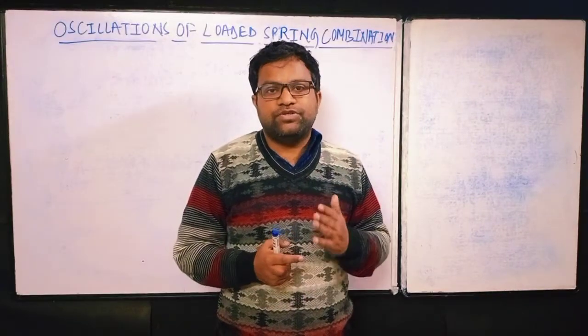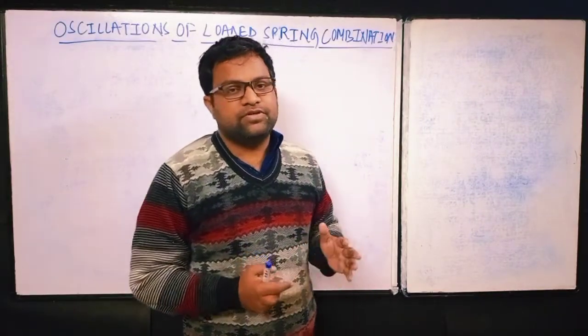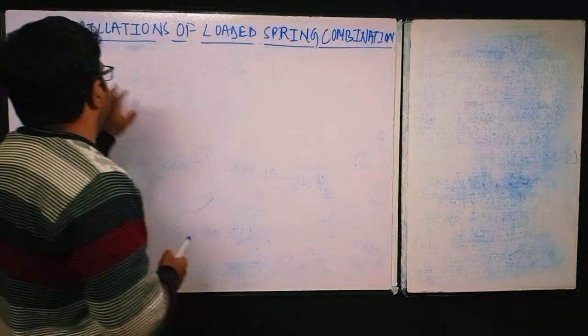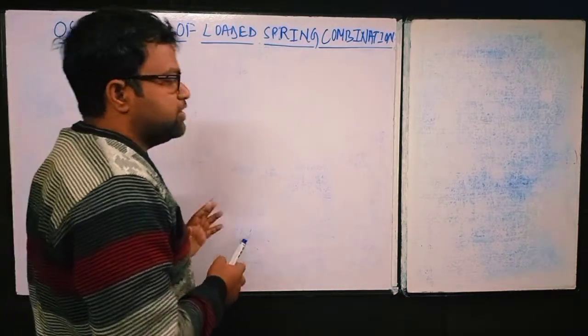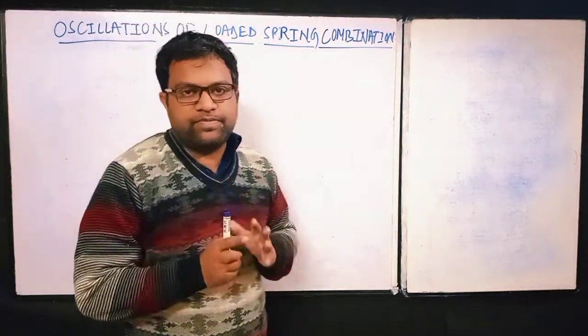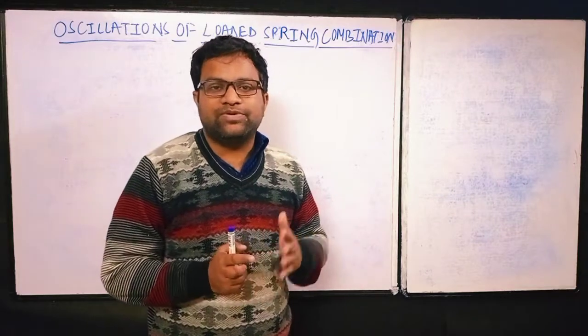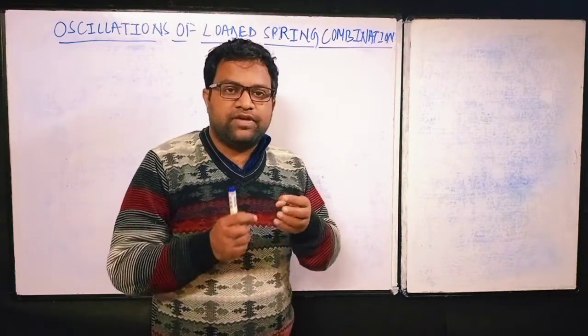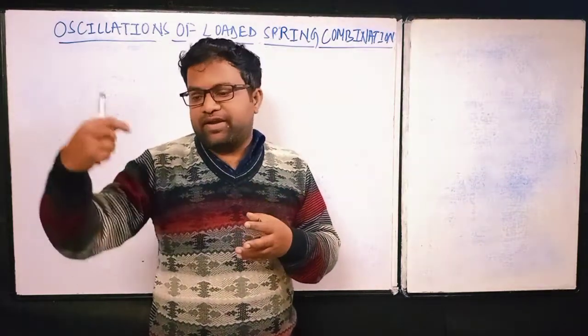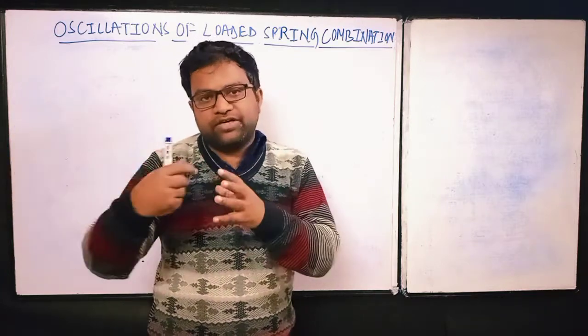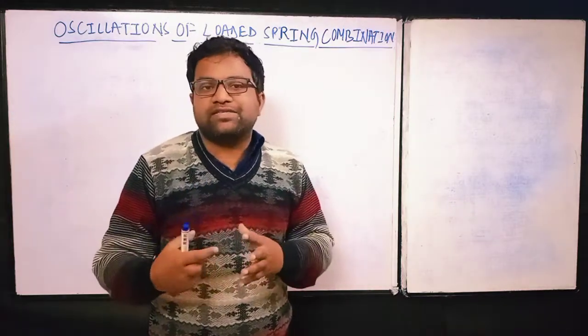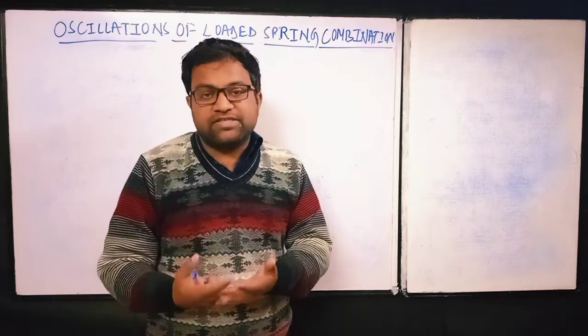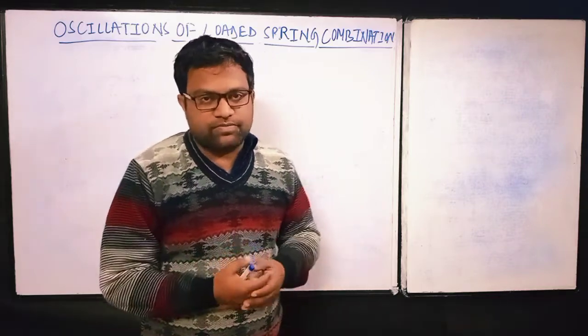In this video today, I'll discuss the oscillations of loaded spring combinations. First, briefly, I'll discuss that if a single spring is there and a load or a mass is connected to that spring, then its oscillation is in simple harmonic motion.